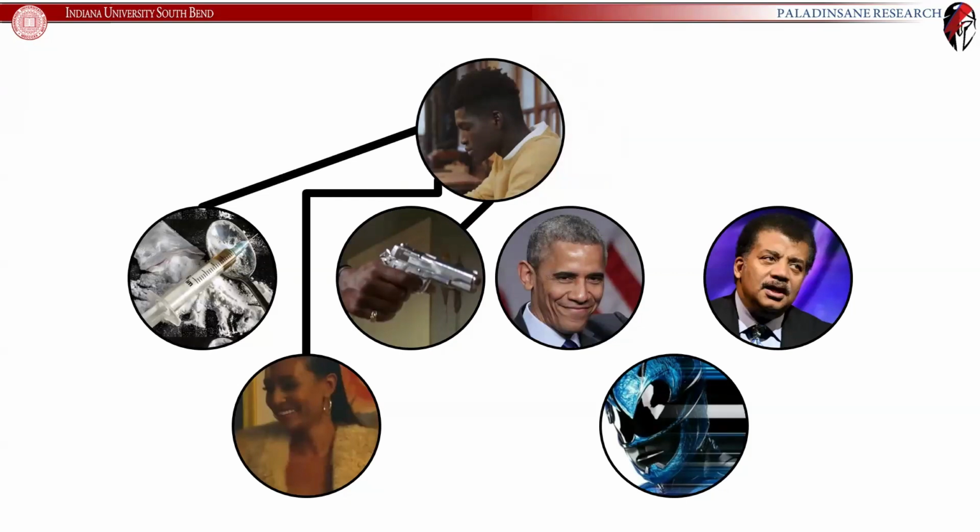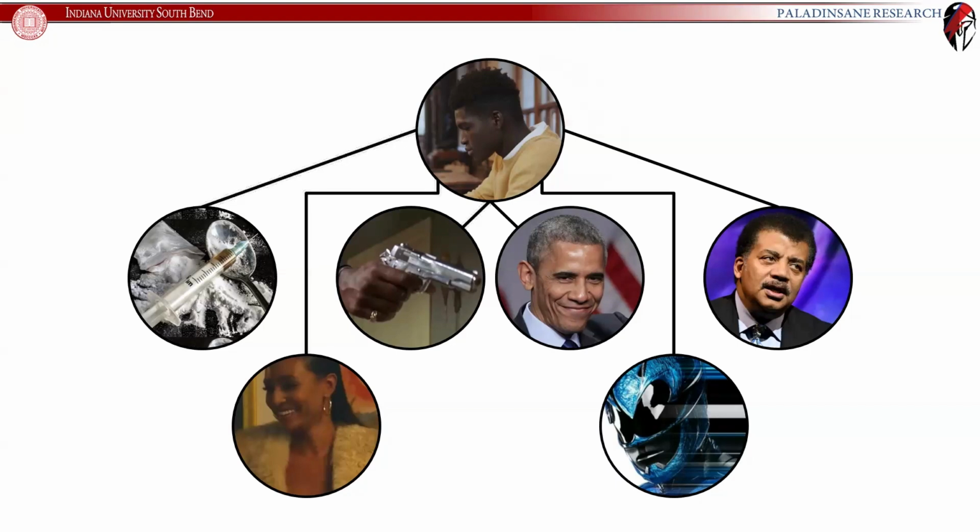Once we start seeing people like Barack Obama, Neil deGrasse Tyson, the Blue Ranger, we will start having associations between those characters. And the more we see instances like that, the relatively weaker our connection to those negative stereotypes will be, and the stronger our connections to those positive stereotypes would be.